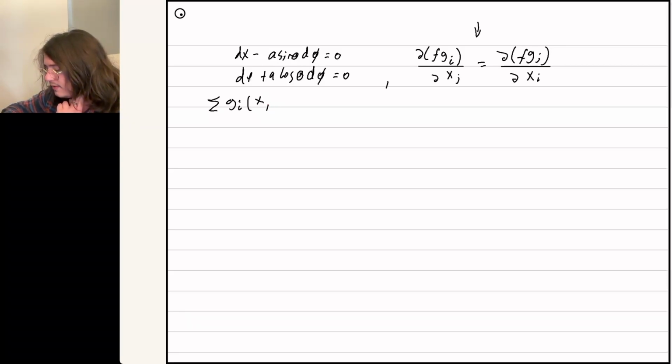So it can be of x, it can be of y, or theta, or phi, times the differential of said quantity, so dxi, equal to 0, sum over i. Right?